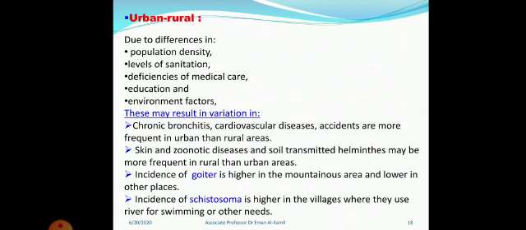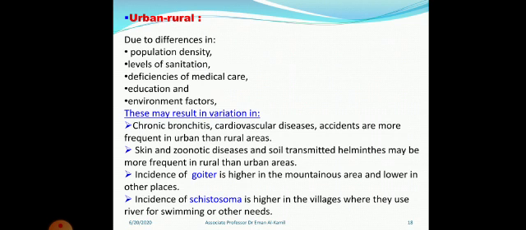Urban-rural variation. There are differences in the distribution of the disease in urban areas compared to rural areas. Rural areas are usually agricultural, while urban areas are industrial. So there is variation.